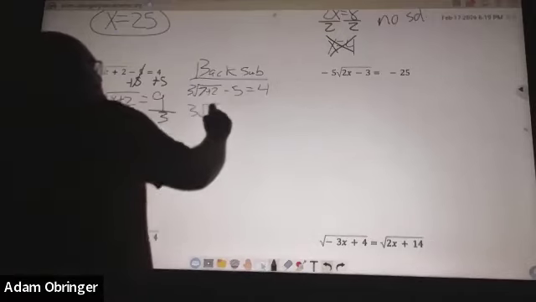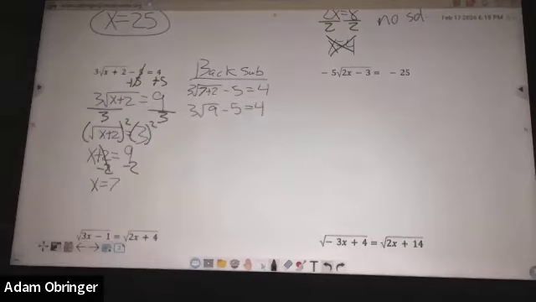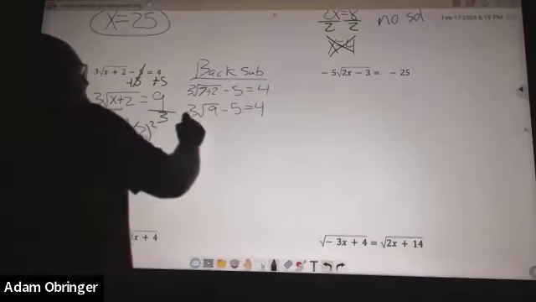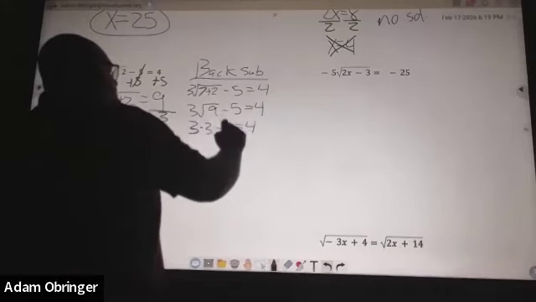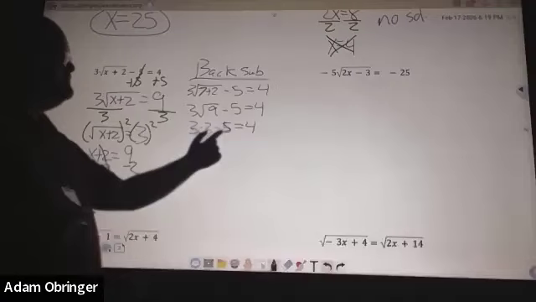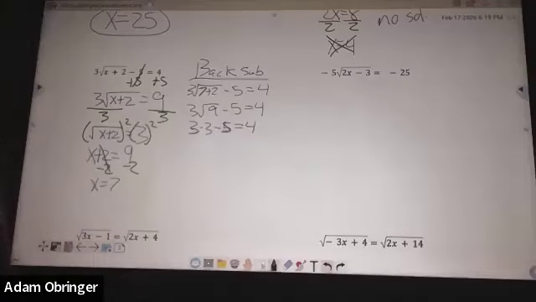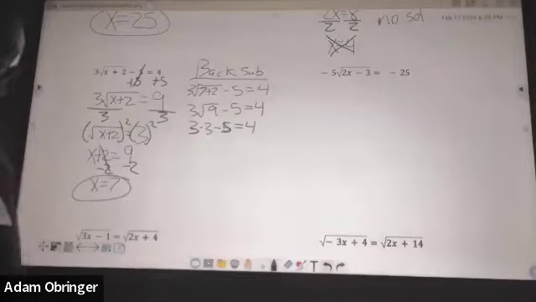So 3 square root 9 minus 5 equals 4. Square root of 9 is a 3. So we really have 3 times 3 minus 5 equals 4. And then if you type that in, 3 times 3 minus a 5, yeah, that's 4. So we get to circle our answer. I would definitely challenge you to pause, try that last one for yourself.